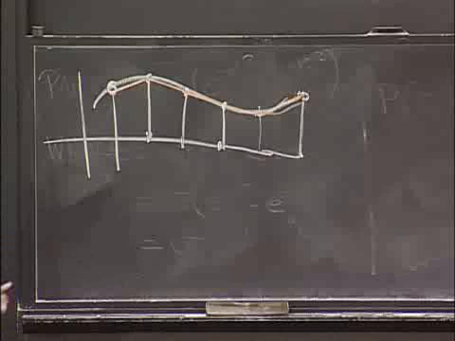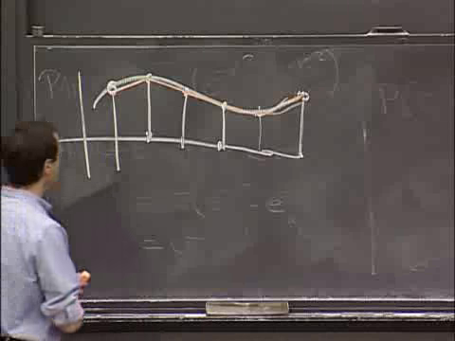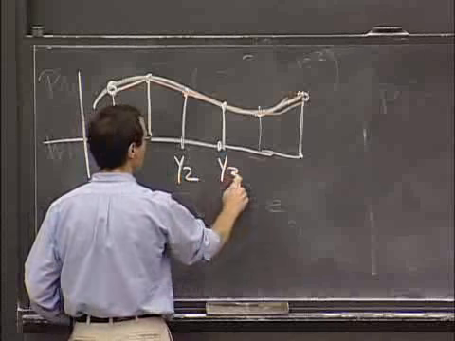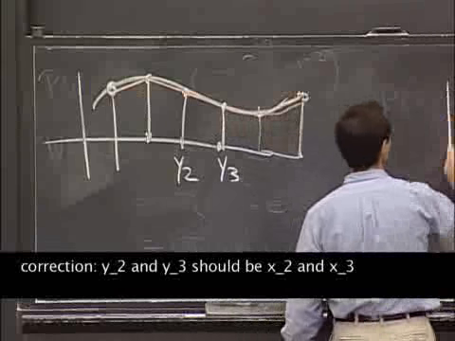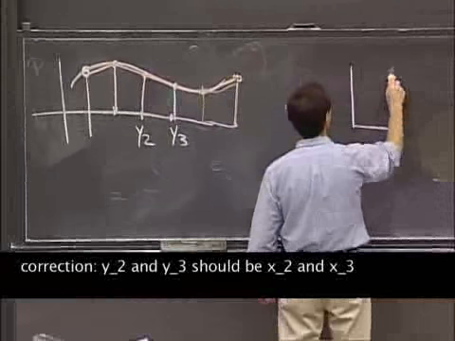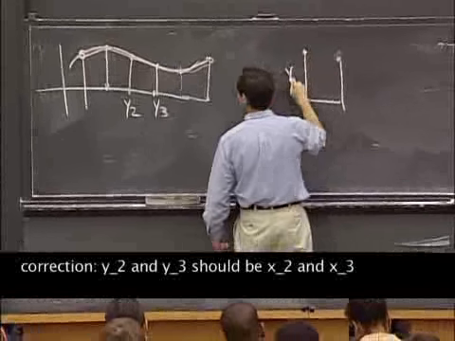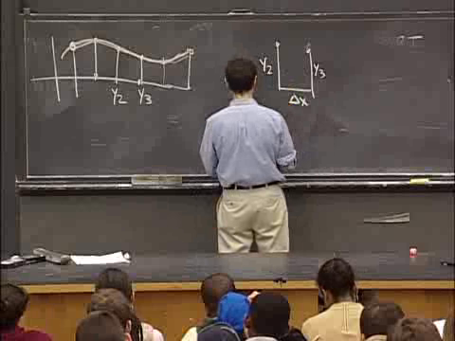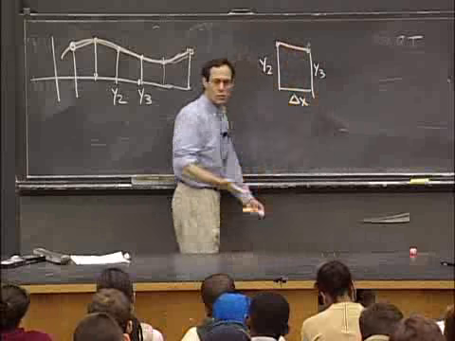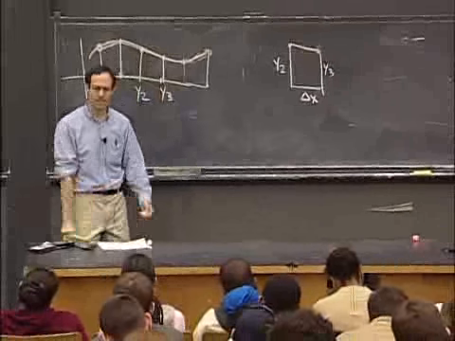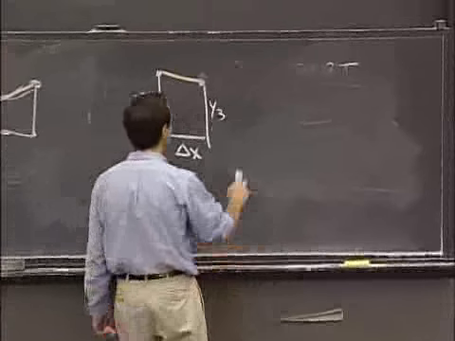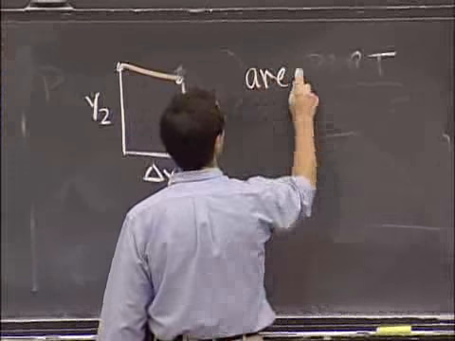All right, so this is called the trapezoidal rule, because if you pick one of these shapes, say this is y2 and this is y3, this height here is y2, and this height is y3, and this base is delta x, this is a trapezoid. All right? So this being a trapezoid, I can figure out its area.